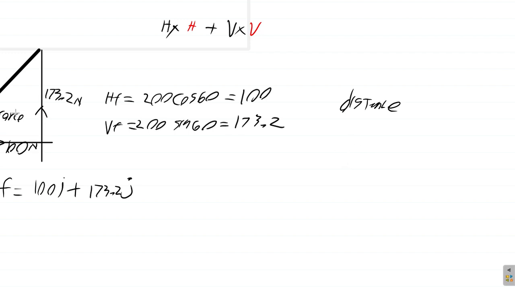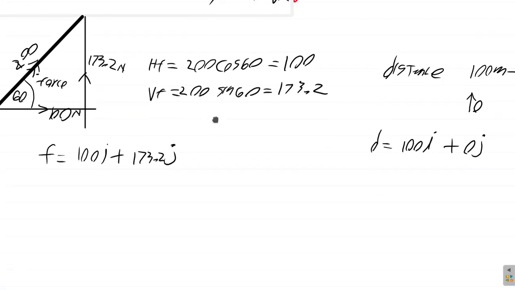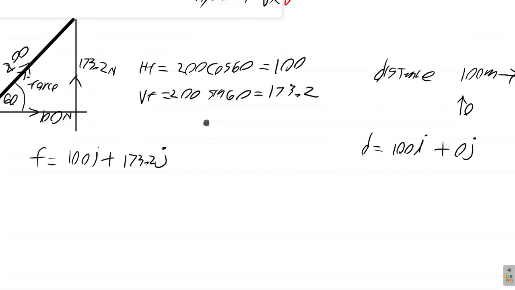Well, you're going 100 meters this way, horizontally, but how much vertically? You're not lifting it up nor pushing it down, so it's 0. Right? So the distance vector is going to be 100I horizontally plus 0J vertically. See that?